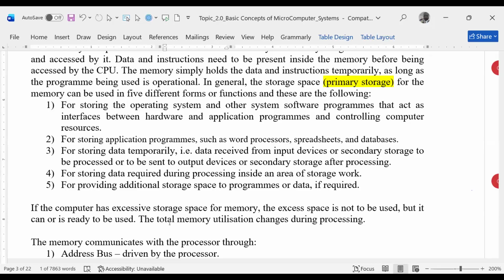1. Provides an environment for operating systems or system software to be loaded, and also acts as an interface for this system software to link with the hardware and application software.